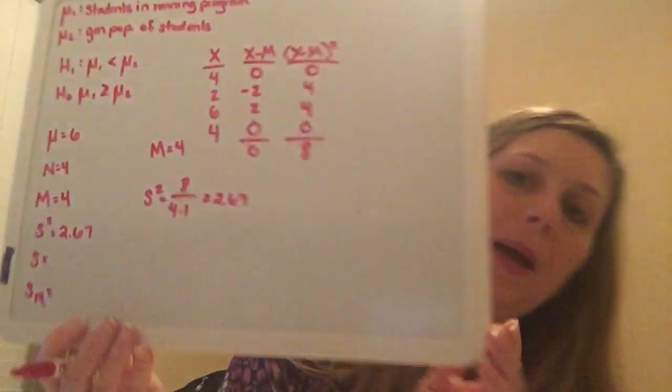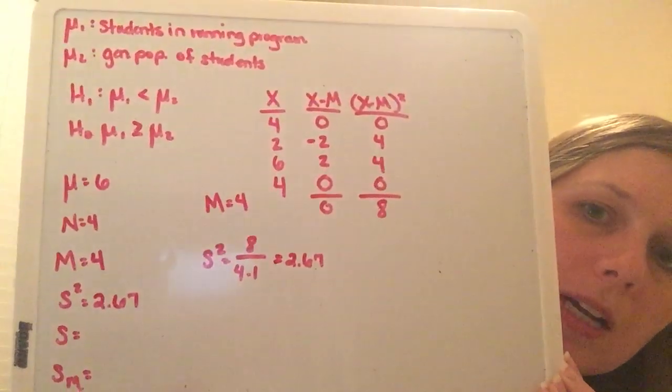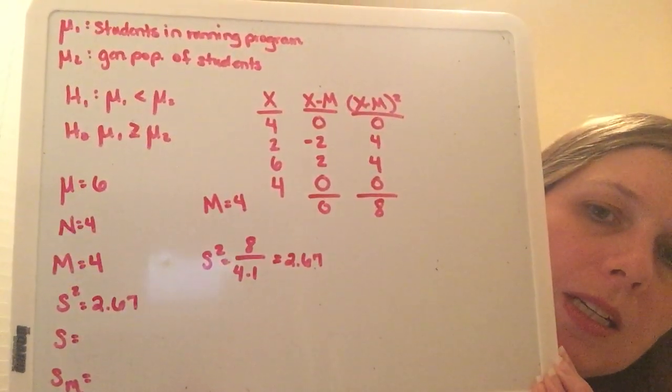Okay, 2.67. So our variance is 2.67. Showing you where I'm at here. My variance is 2.67.